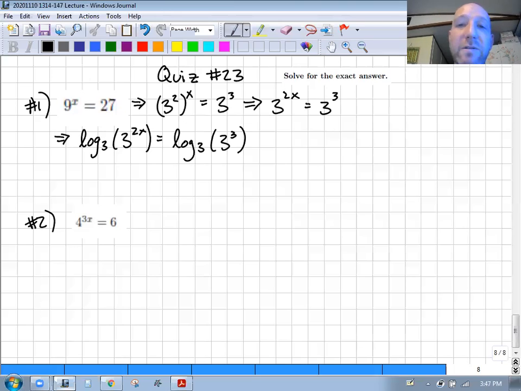So the log base 3 and the 3 to the would undo one another. We have 2x equals 3. You can go straight from this step to this step. All right, that was a trick we learned in class. If the base is the same, then the exponents have to be equal. So if 2x is 3, then x has to be 3 halves.